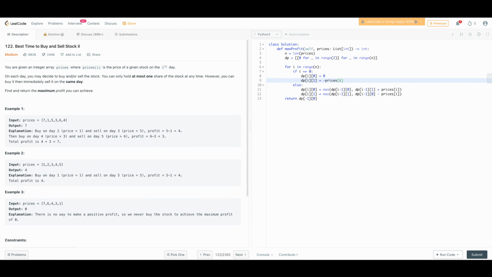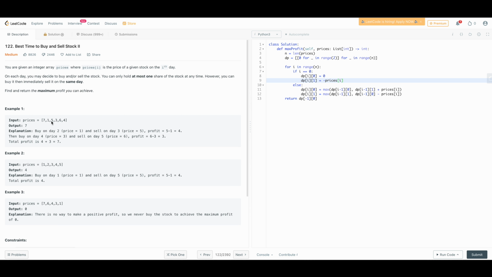Okay, so as you can see, this is my code on the right hand side. Here, what do you notice? The difference is that in this problem, K, the number of transactions, has no restriction. So K in this case will be infinity. Well, infinity in quotes, because K cannot be infinity, right? Because K is actually at most equal to the length of prices.